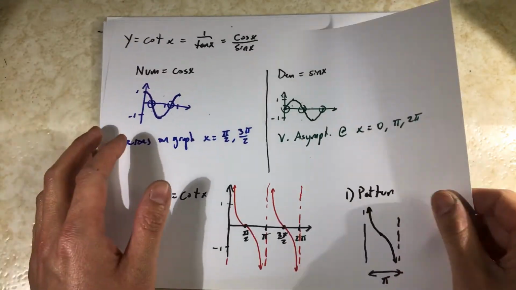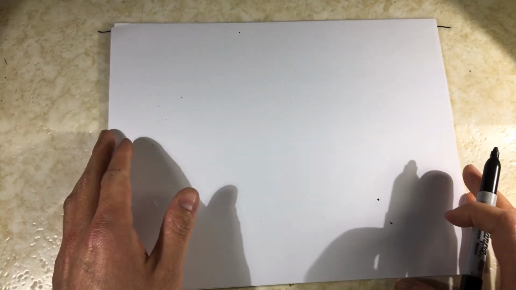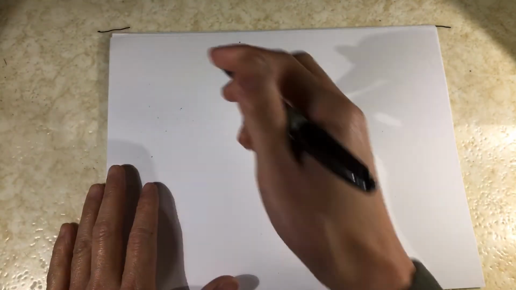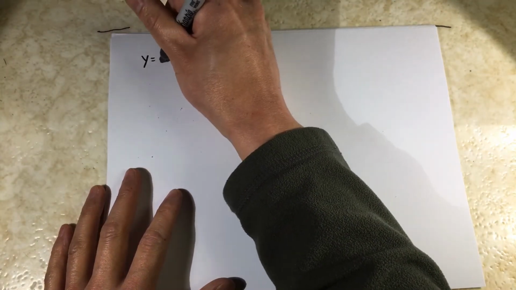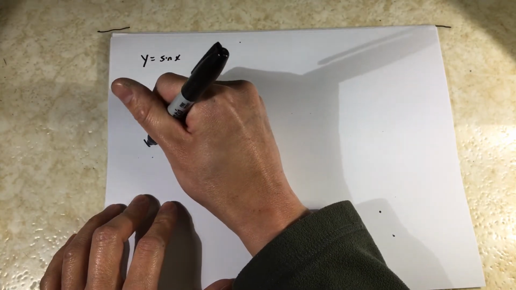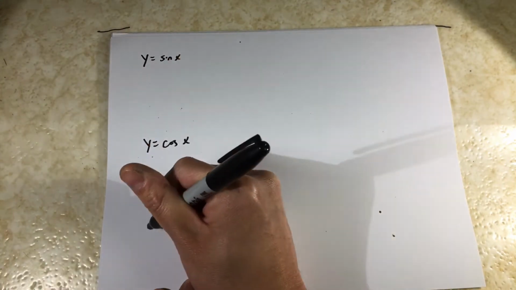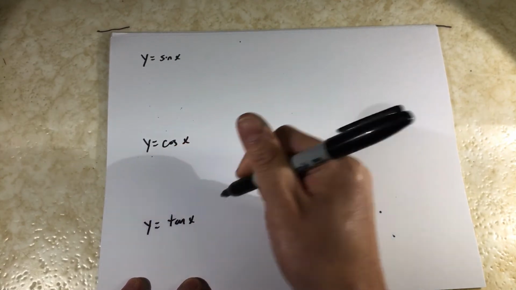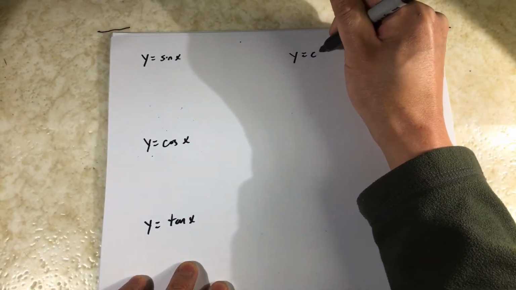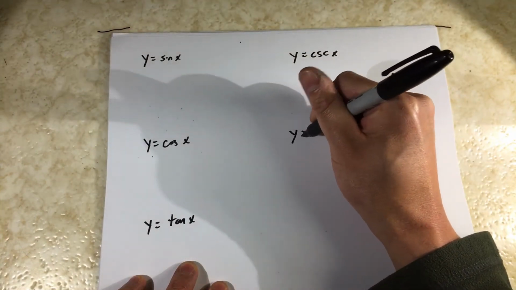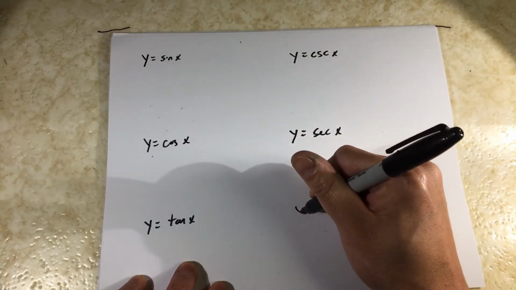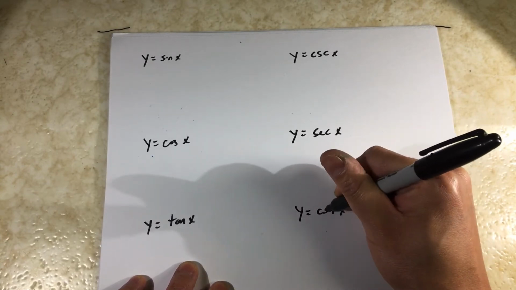All right, so those are the new graphs. Let me do a summary. So let's do a summary of these graphs. y equals sine x, y equals cosine x, y equals tangent of x, and then we have y equals cosecant of x, y equals secant of x, and y equals cotangent of x.